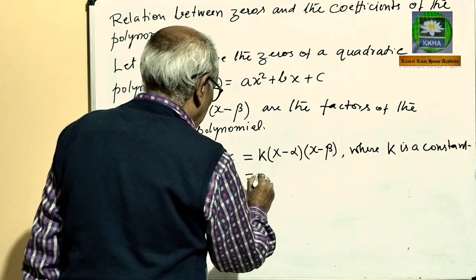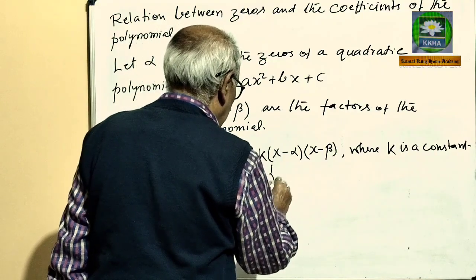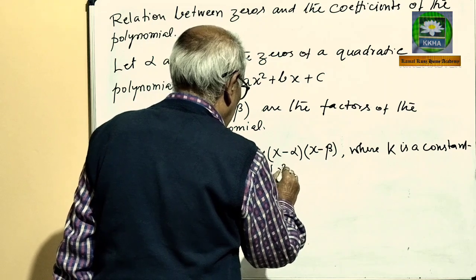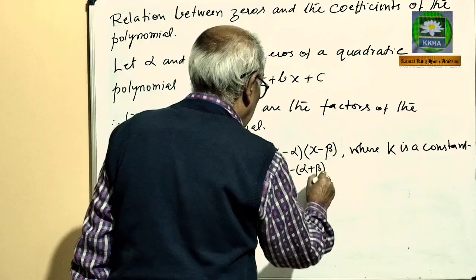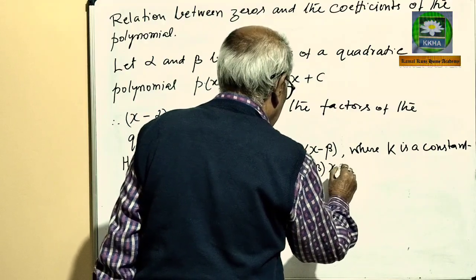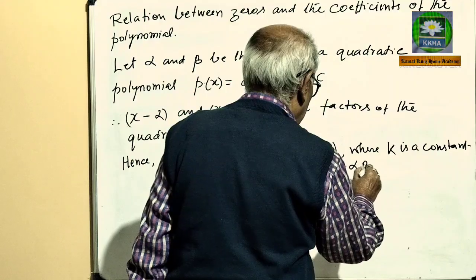This is equal to k times x square minus (alpha plus beta)x plus alpha into beta.